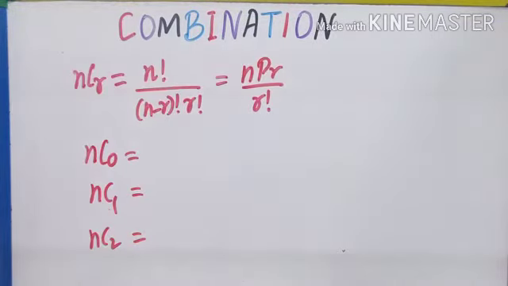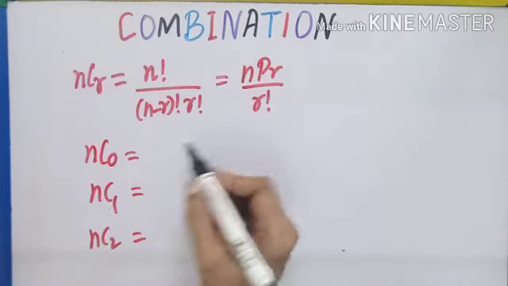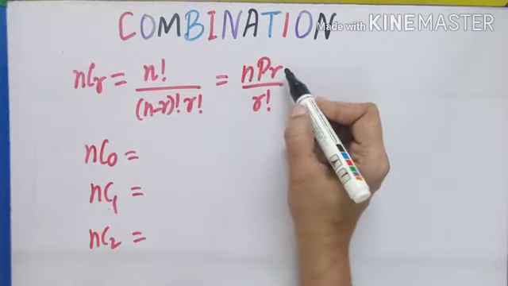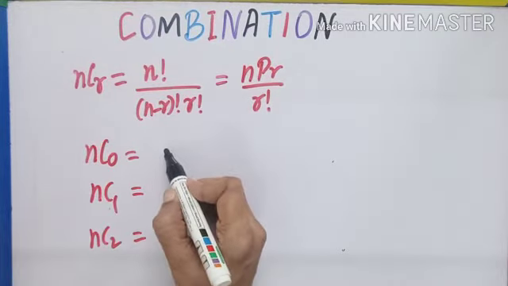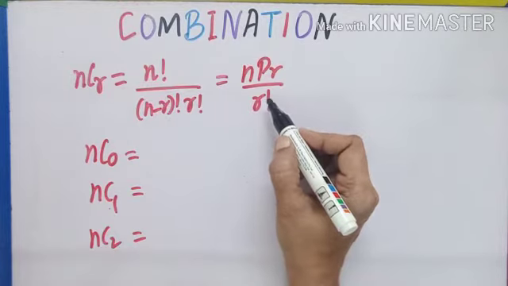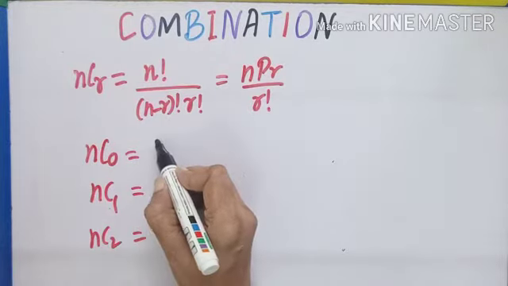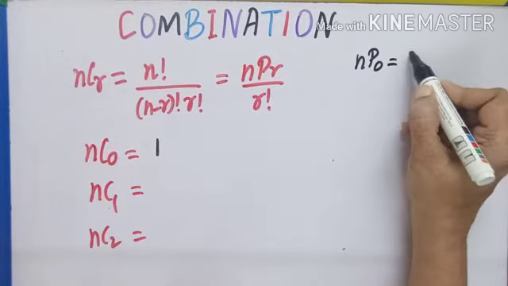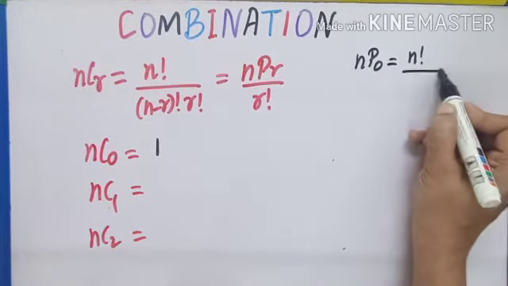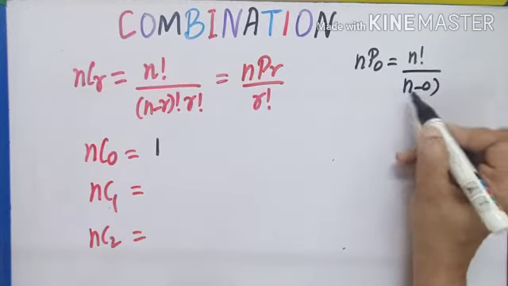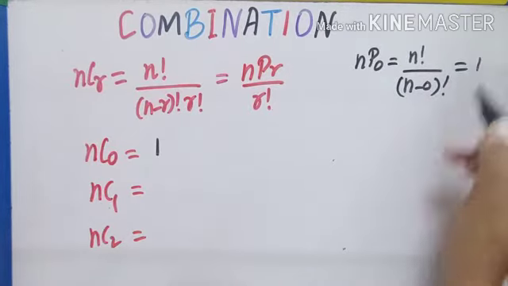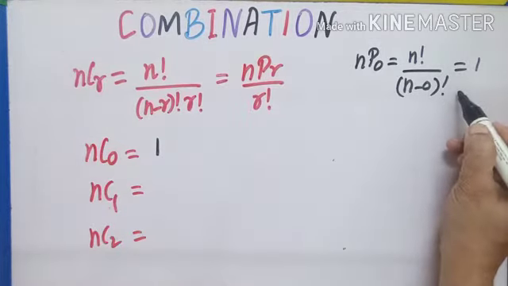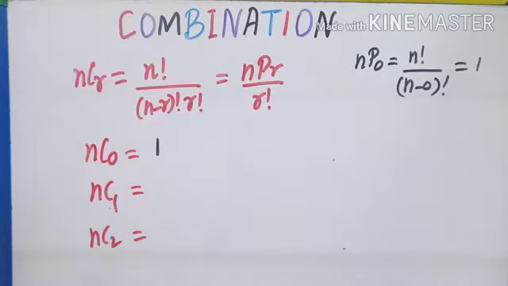A few values to do exercise problems. What is NC0? Remember, what is NP0? I simply write N factorial divided by N minus 0 factorial, that is 1. If it is NC0, include 0 factorial, so again my answer is 1.